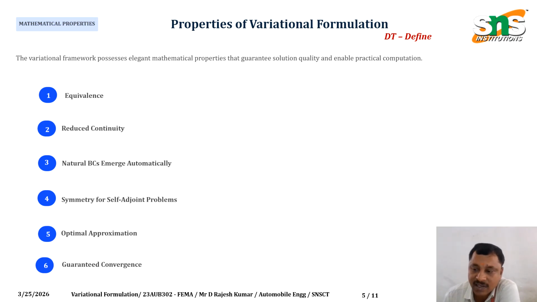The Galerkin approximation u_h minimizes the error in energy norm among all functions in the approximate space. This is the best fit property where we get the best possible answer within our chosen function space. The last property is guaranteed convergence. As we refine the mesh or increase the polynomial order, the approximate solution converges to the exact solution.